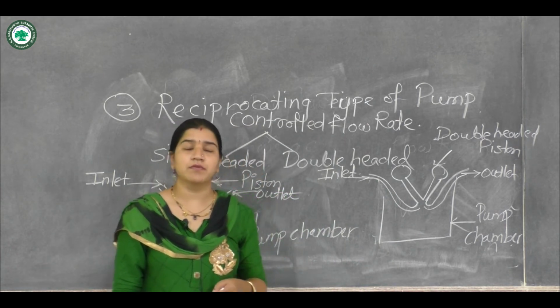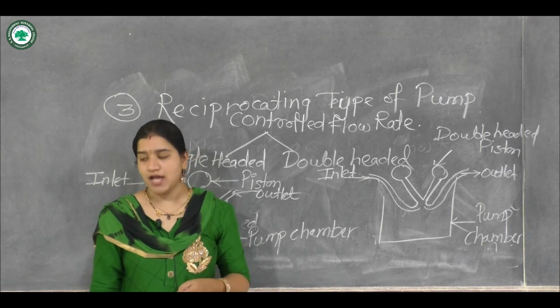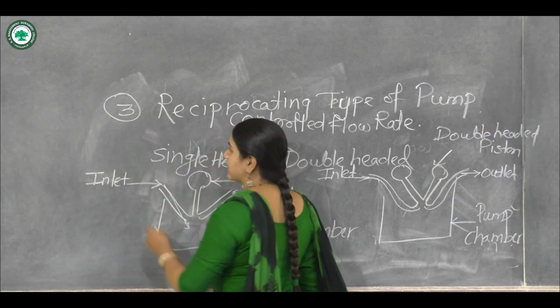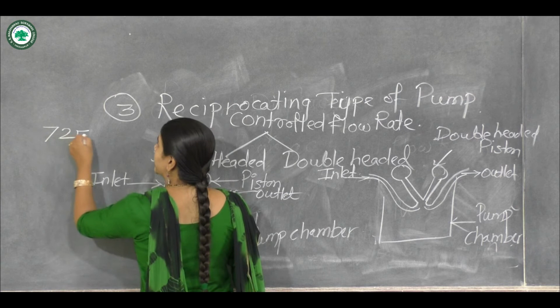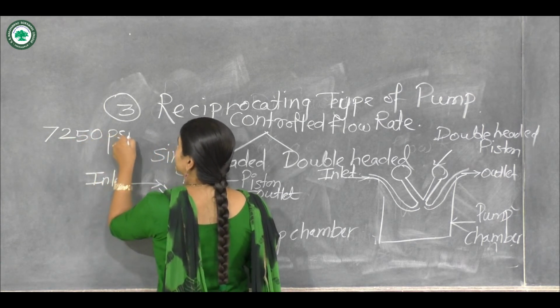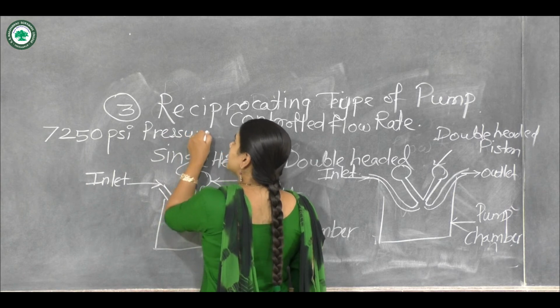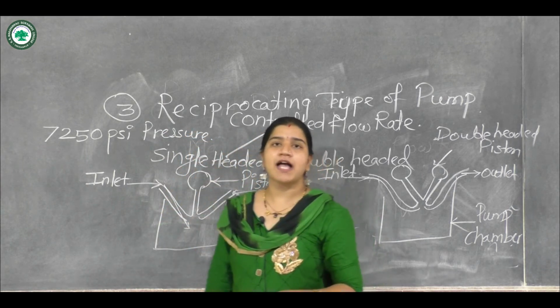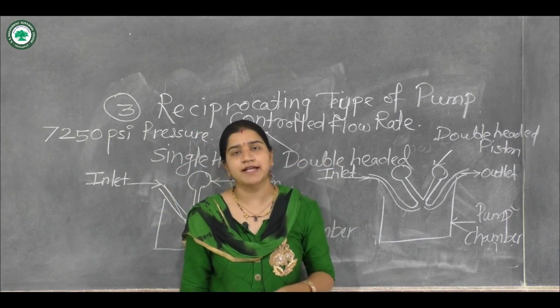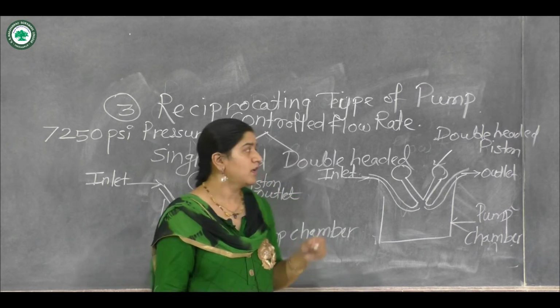This type of pump works up to 7250 psi pressure. So up to such a high pressure, the reciprocating type of pump works.